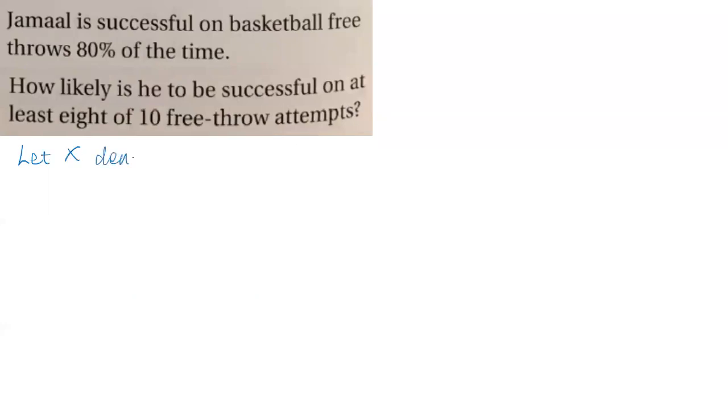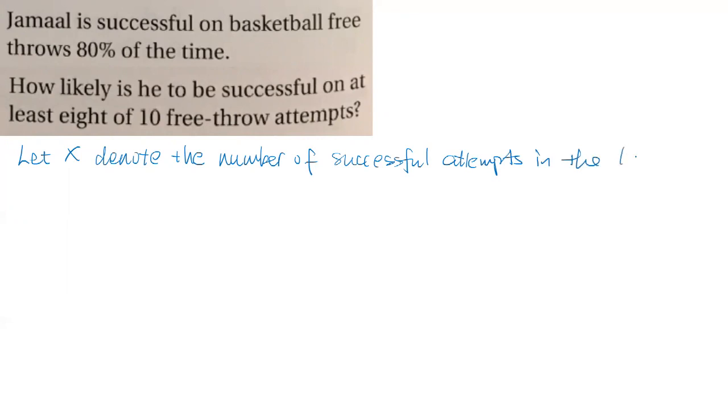Let x denote the number of successful attempts in the 10 attempts, right? Then x here yields to a binomial distribution.